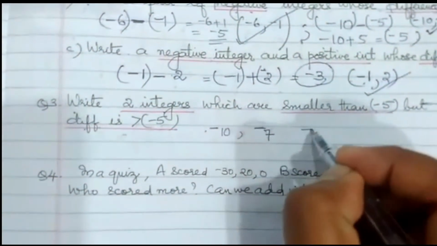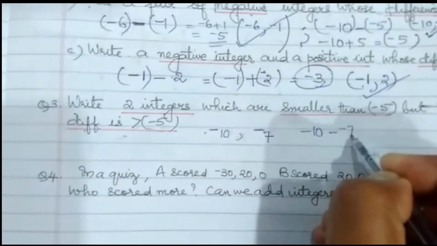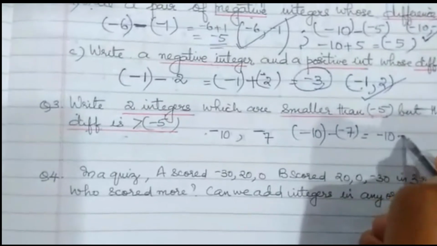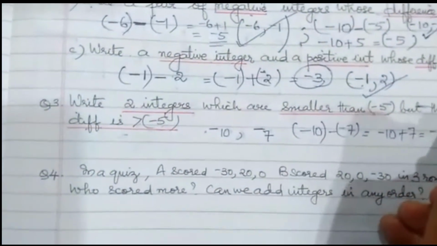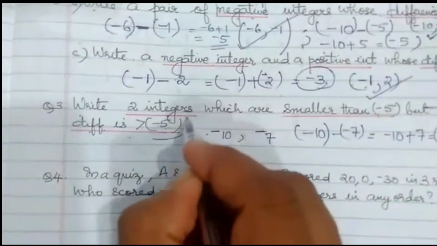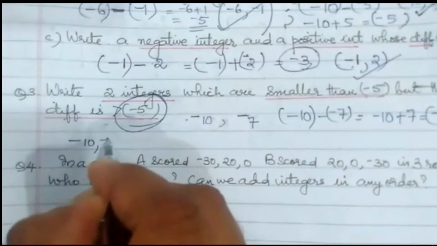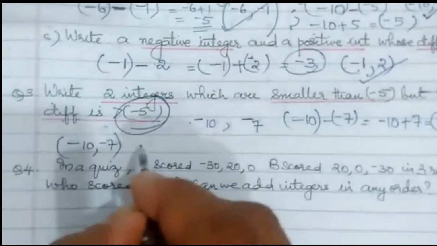Now find the difference. Minus 10 minus minus 7. What is it? Minus 10 plus 7. That is minus 3, and minus 3 is greater than minus 5. So my pair is minus 10, minus 7. That is the first pair.